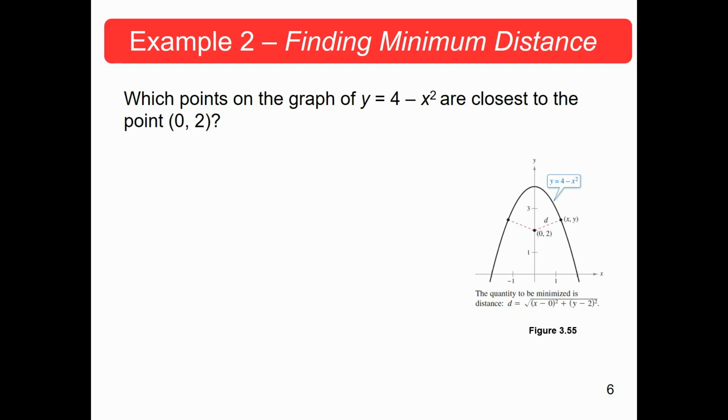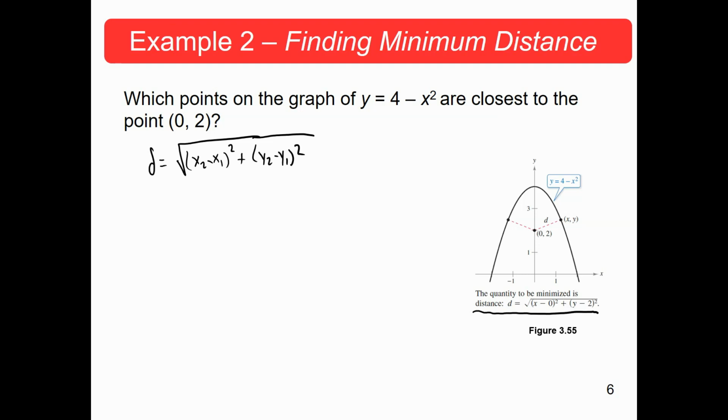Which points on the graph of y equals 4 minus x squared are closest to the point (0, 2)? Well, okay. Problem here is that we need to make sure we know this formula. The actual formula is d equals the square root of (x2 minus x1) squared plus (y2 minus y1) squared, right? That's the distance formula.